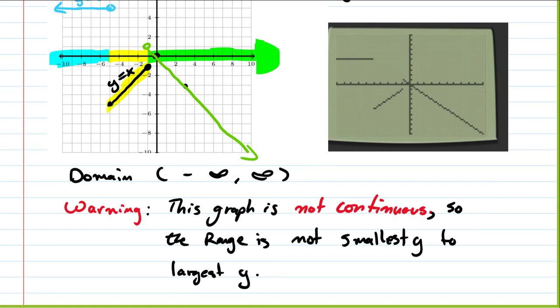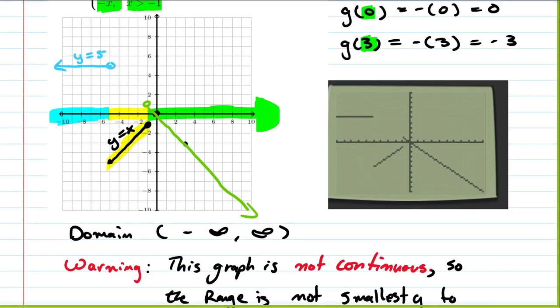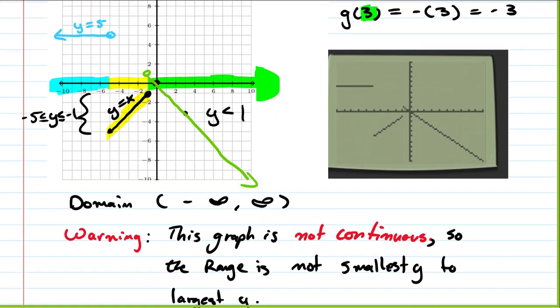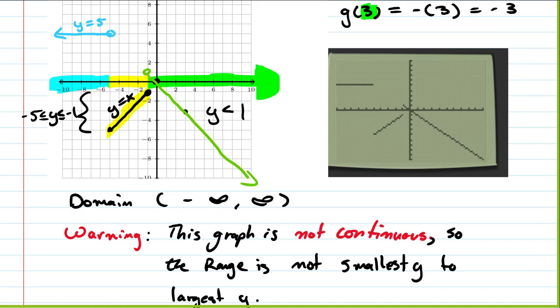Well, we notice right here on this branch y is equal to 5. On this branch, we have y is in between negative 5 is less than or equal to y is less than or equal to negative 1. And on this branch, we have y is less than or not equal to positive 1. So our range is the or of all of these.